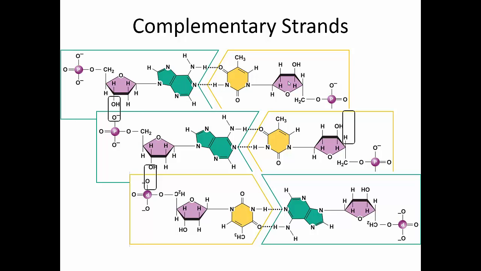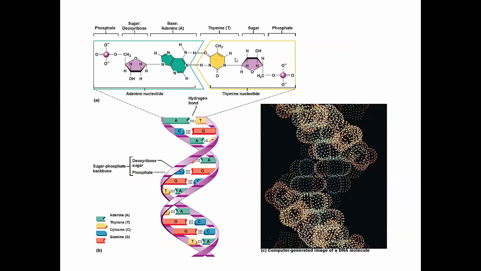So when you pull apart 2 strands of DNA, like this strand and that strand, the very ends of them are different. So the 2 strands have directionality to them. So that is DNA. DNA codes for proteins, and it always stays in the nucleus. Your cells guard it very carefully.